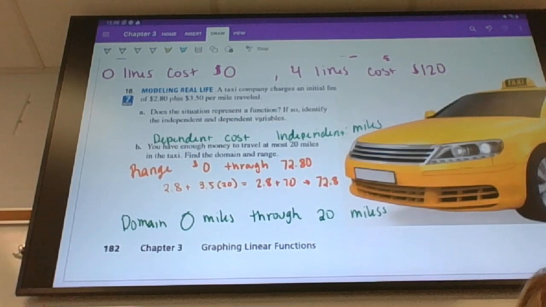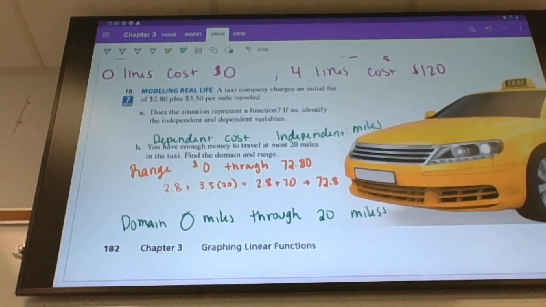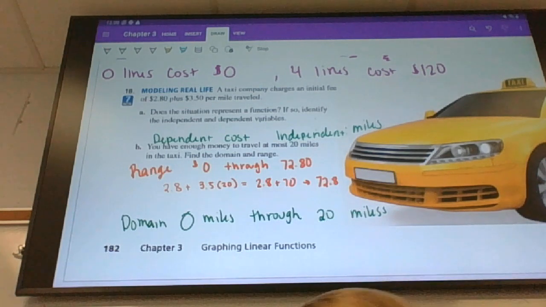So your range is between 0 and $72.80, and your domain is you can drive between 0 and 20 miles. Because it says you can drive at most 20 miles, and then you plug in 20 and you see how much that costs you. It costs you $72.80. So I want you to read that and really think about it for a minute.